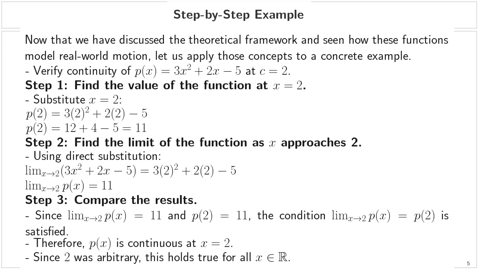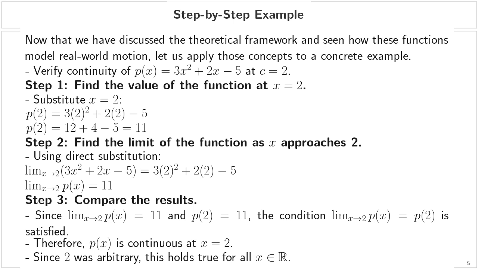Step 3 is to compare these two results. Since the limit of p of x as x approaches 2 is 11, and the function value p of 2 is also 11, the fundamental condition for continuity, that the limit equals the function value, is satisfied. Consequently, we can conclude that the function p of x is continuous at x equals 2.